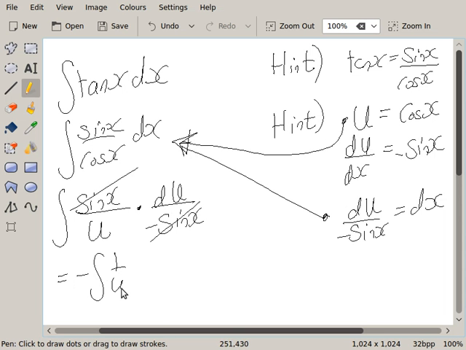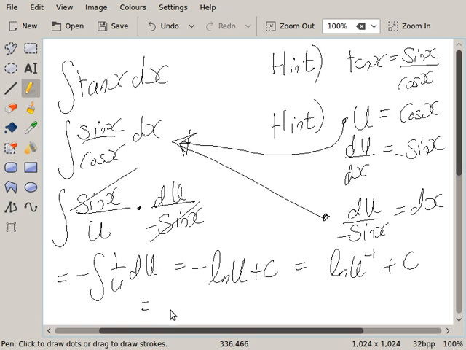Minus 1 over u du, which equals minus log u plus c, which equals log u to the minus 1 plus c, which equals log 1 over u plus c, which equals log 1 over cos x plus c. And if you left the minus in the front, that's okay. So that one was more difficult, but something you could get in the exam.